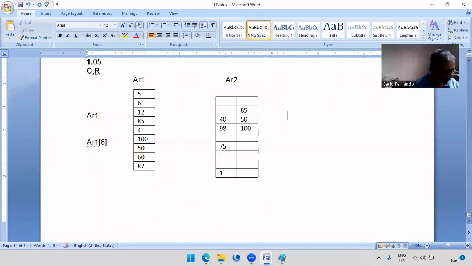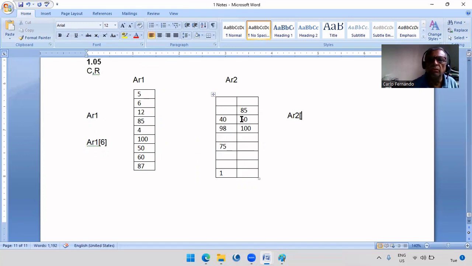For AR2, we have to give two coordinates, right? Two coordinates, and of course, the row first and the column second. So there is a little bit of confusion there, but we will master it later.